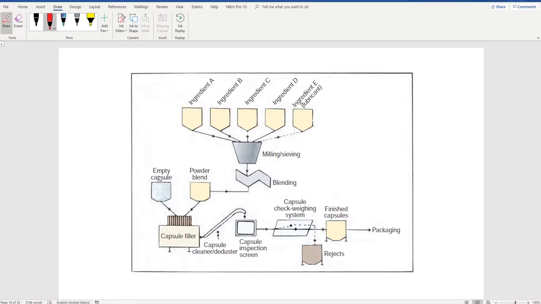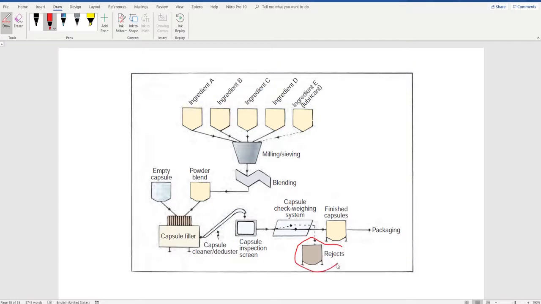Now here you have the capsule shells, empty capsule shells. They get rectified, they go inside the machine, get filled with the powder, and then the capsule caps and bodies get joined in a closed position. They are inspected, they are checked for their weight, whether their weight is correct or not. If there is something that is not filled or not accurate, it gets rejected.